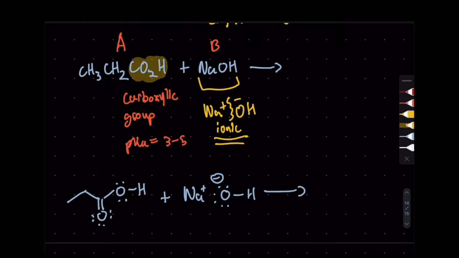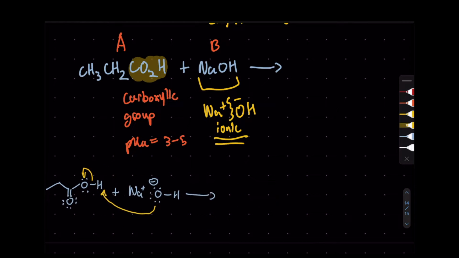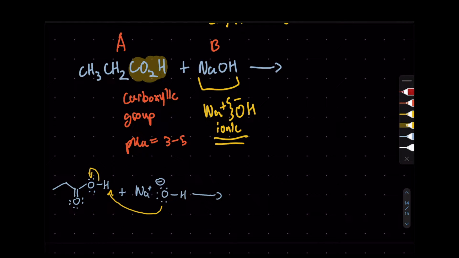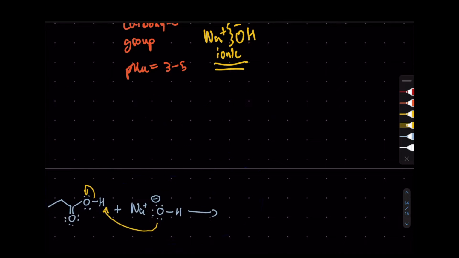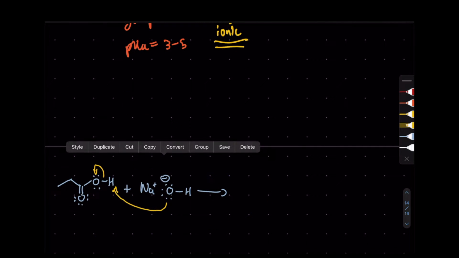So using curved arrows, the base basically is a proton acceptor, so it pulls the hydrogen off, leaving behind the electrons. So I'll shrink this and draw the result, or actually let's move to the next page and draw the result.